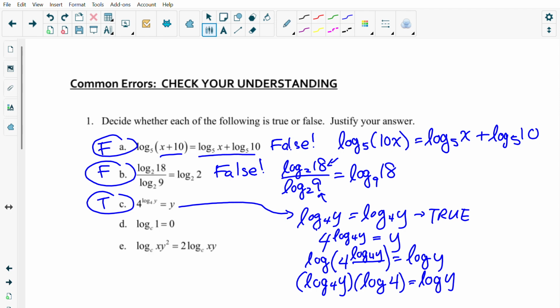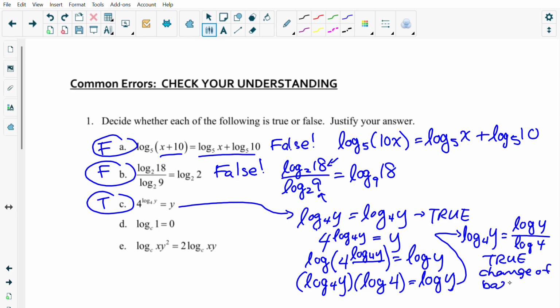If I divide by log of 4, so let me just bring this up here. Log base 4 of y equals log of y divided by log of 4. This is true because this is the change of base identity. So this is true. Either way, it's true. Two ways to do it.